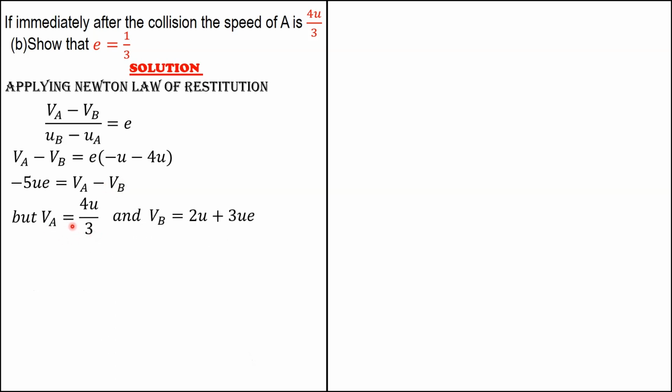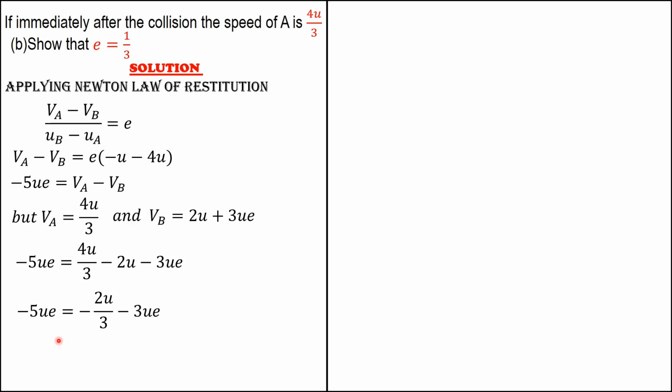Obviously we know VA, the speed of sphere A after collision, which is given as 4U divided by 3, and VB, which is 2U plus 3UE, which we obtained in the A part. Putting those values here, we are going to have negative 5UE equal to 4U divided by 3, which corresponds to VA, then minus 2U, then minus 3UE.